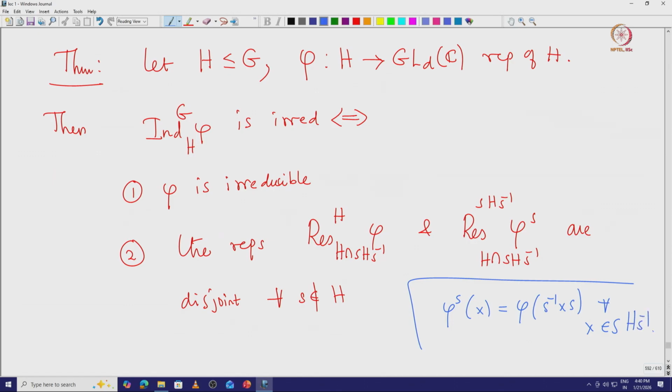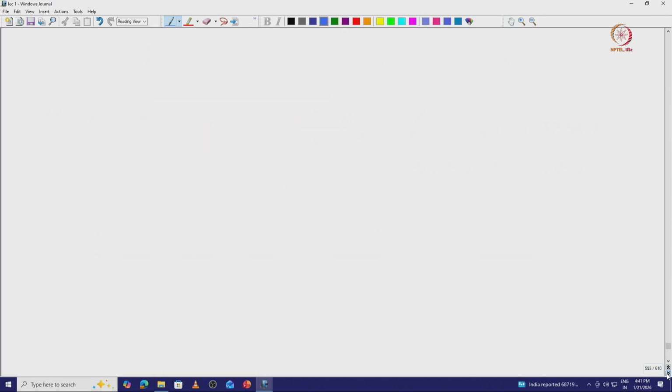This is the twist of the original representation phi by the conjugation given by s, and it is easy to verify that it is again a representation. So, now Mackey's criterion very explicitly states when this induction is irreducible in terms of these two conditions. Let us see how one can prove this using the previous result.